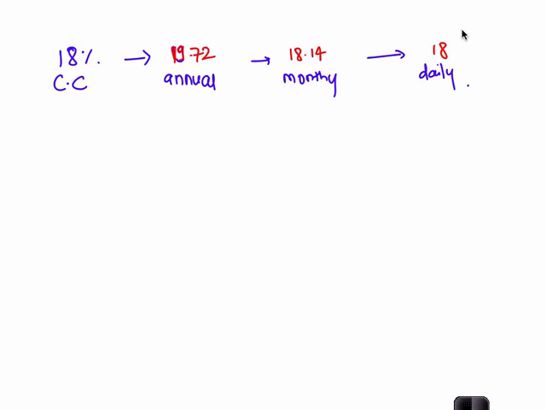Now, how to calculate the monthly rate? So keep 100 as present value, minus 119.72 as future value, 12 as n, compute IY.